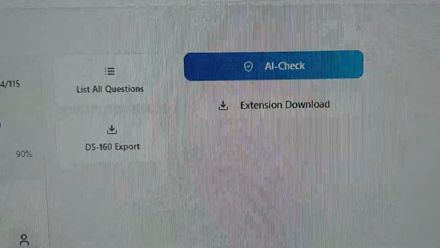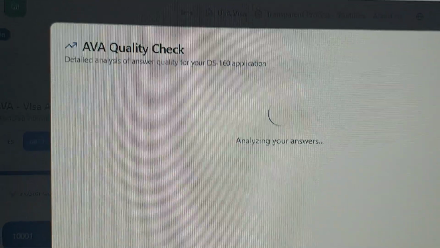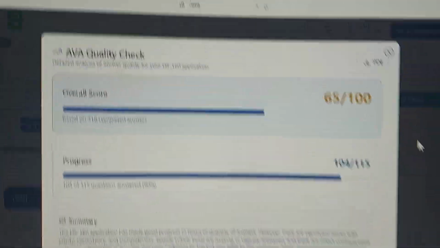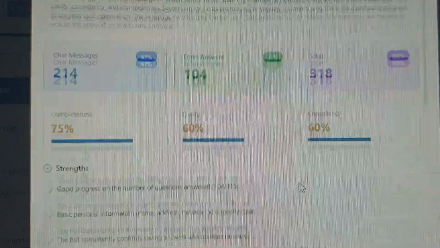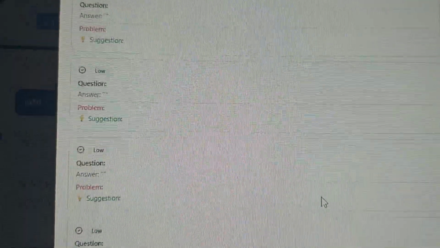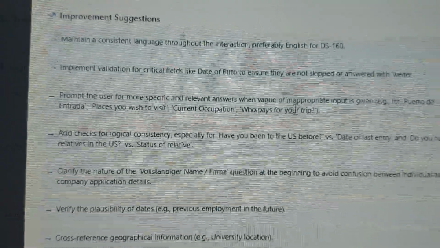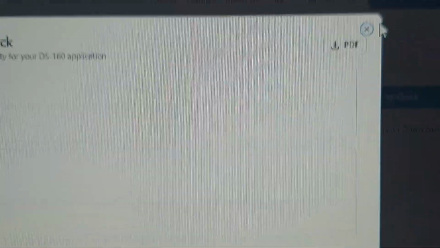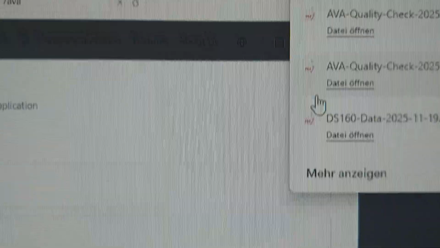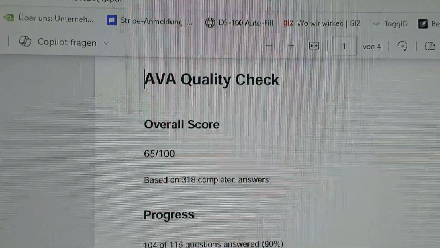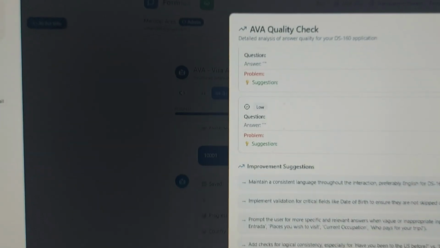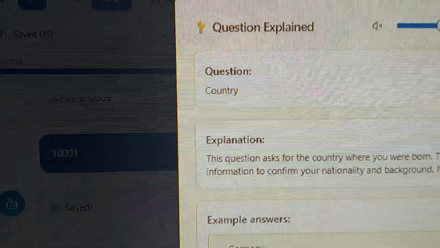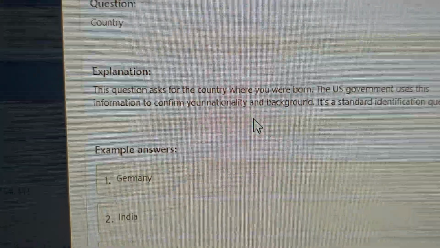Country. Question: country. Explanation: this question asks for the country where you were born.